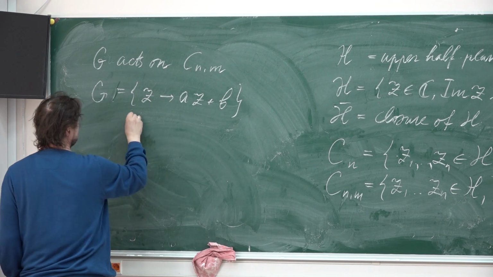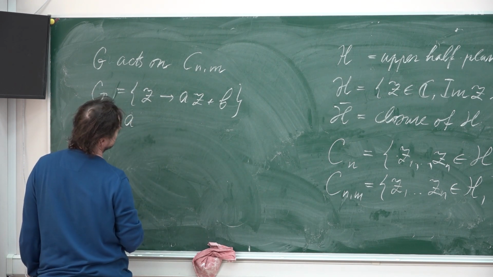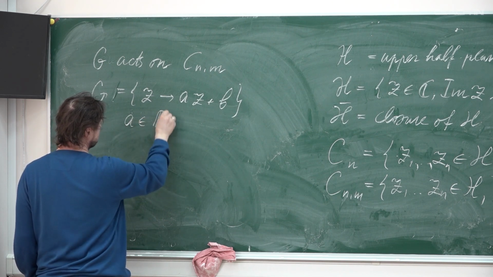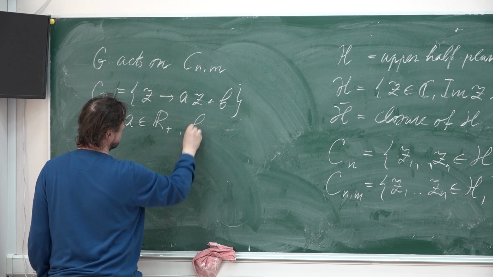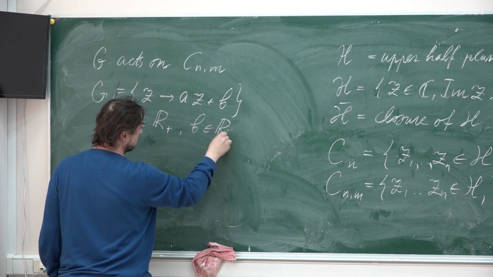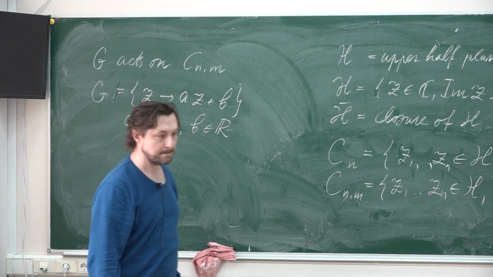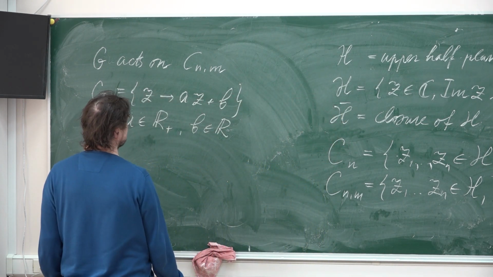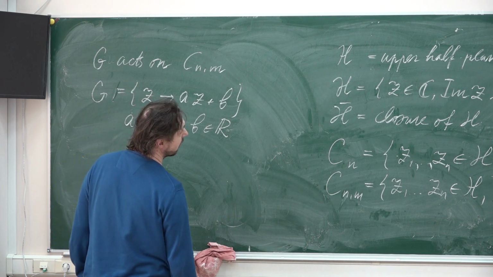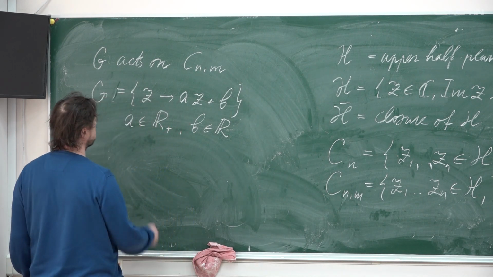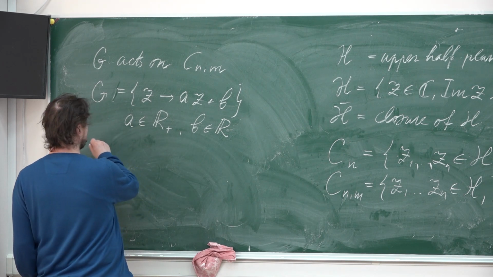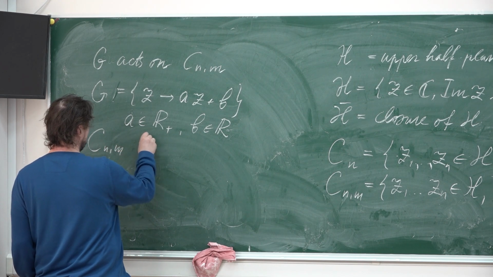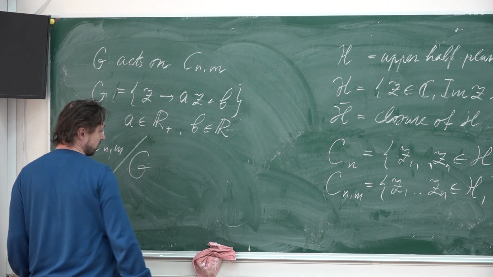Here, a is real, positive, and b is just real. Right? Then I'll take C and M and quotient out the action of G.